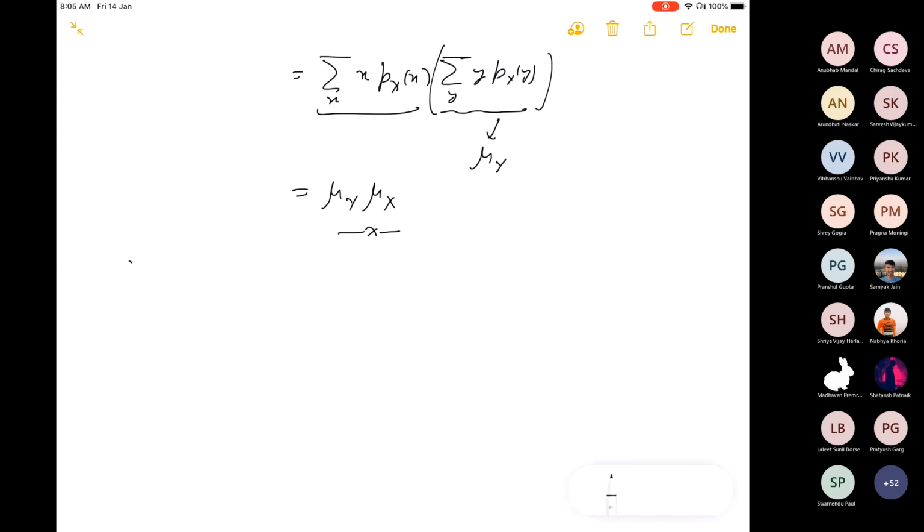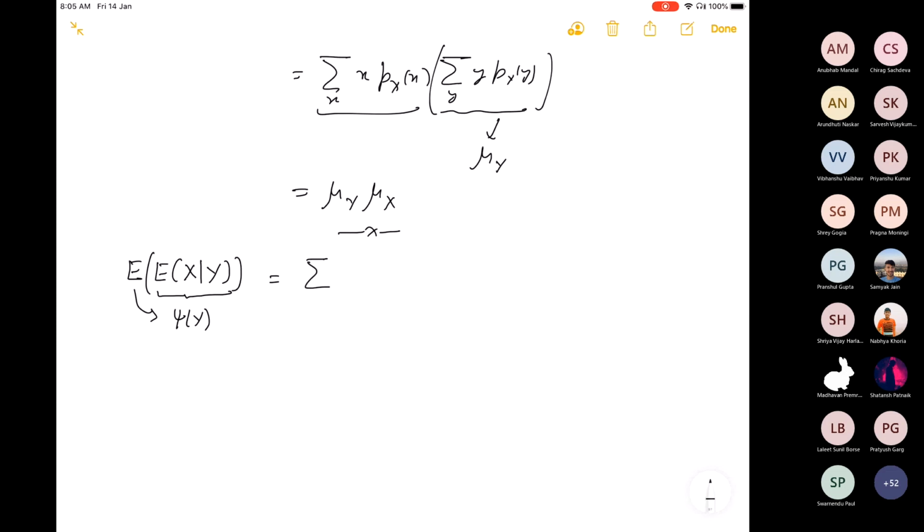So the expected value of x given y, as we have just seen, will be some function psi of y. So if I take the expectation, this expectation is over y.